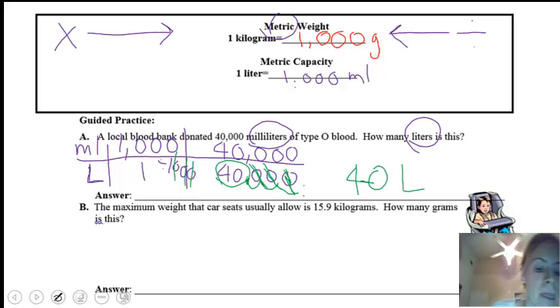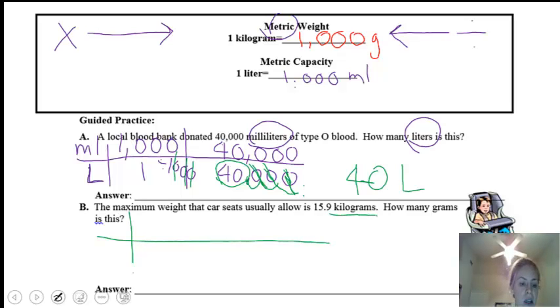Let's look at B. The maximum weight that car seats usually allow is 15 9/10 kilograms. How many grams is this? So let's make our table. We started with kilograms, kg, and we want to translate it to grams.